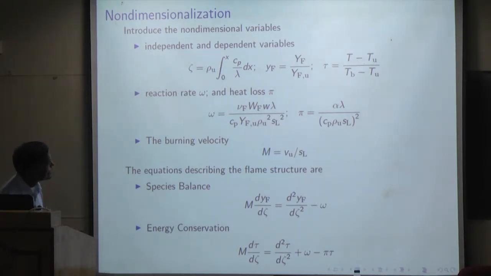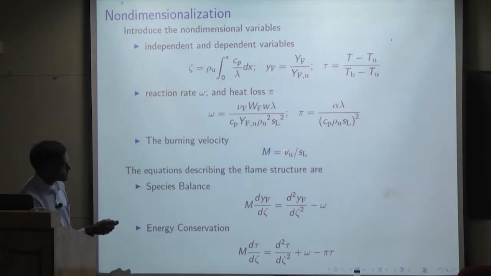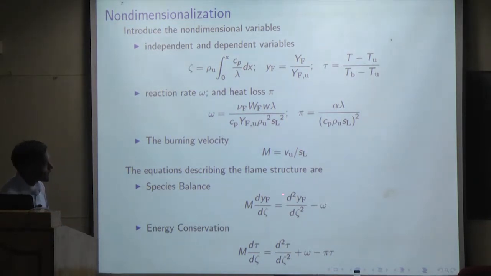Okay, right. So now we define a quantity m, which is the ratio of the burning velocity for the flame with heat losses over the burning velocity without heat losses. Now if you look at the species balance equation in terms of these variables, it can be written in this form.